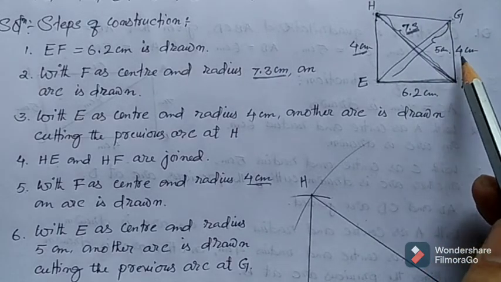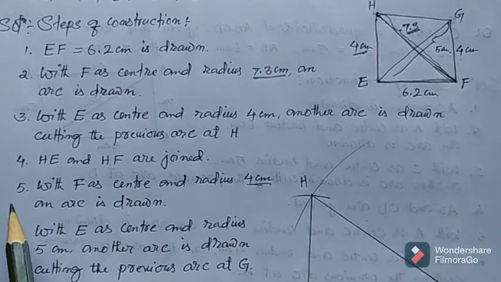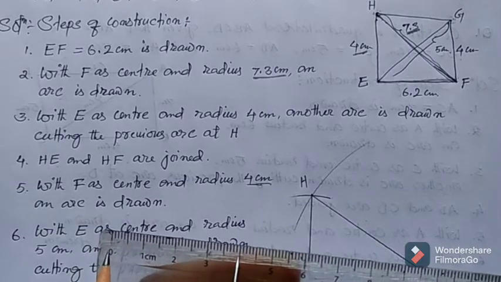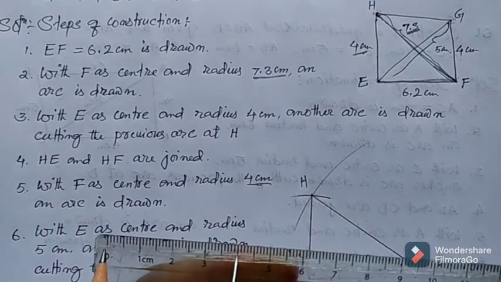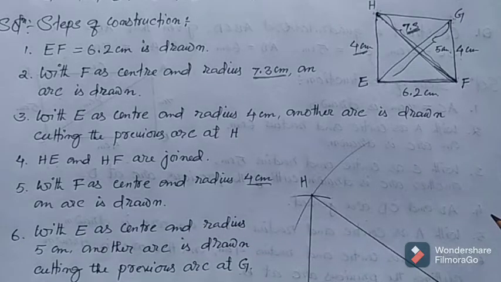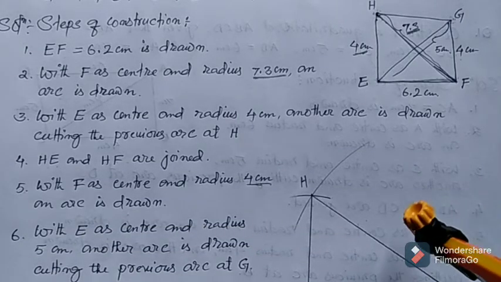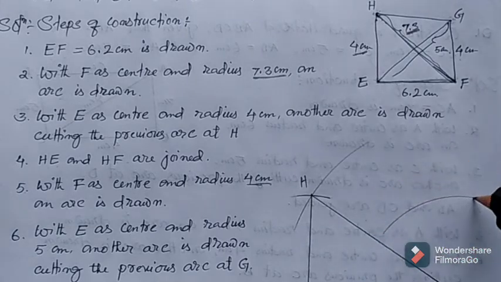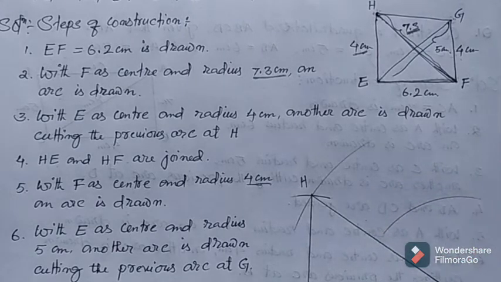You know FG length is 4 cm. So now let's do this step number 5. And let's measure 4 cm radius. We take F as center and then an arc whose radius is 4 cm is drawn.